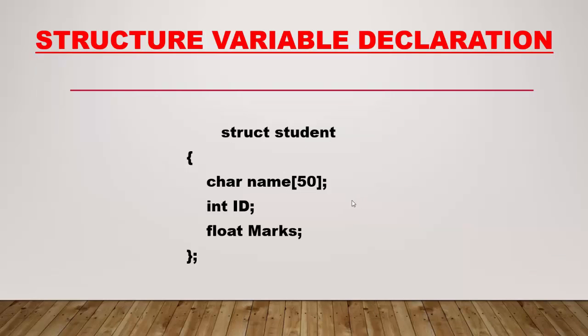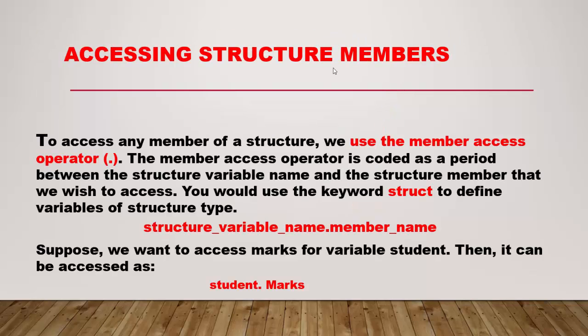So after defining your structure, like struct student, you will need to understand that those variables inside the structure are what we call structure members, or the properties of the structure. If you want to have access to any member of the structure, we use the member access operator, which is the dot.